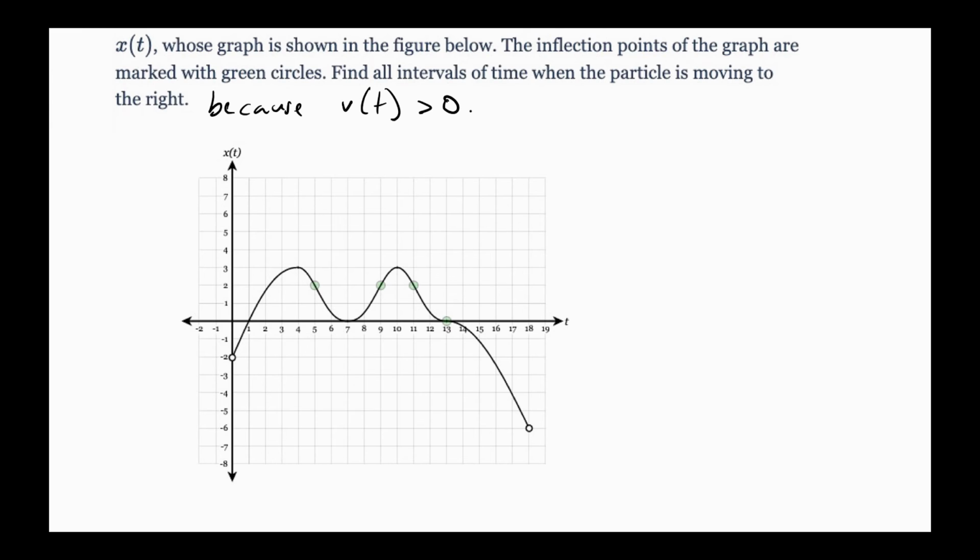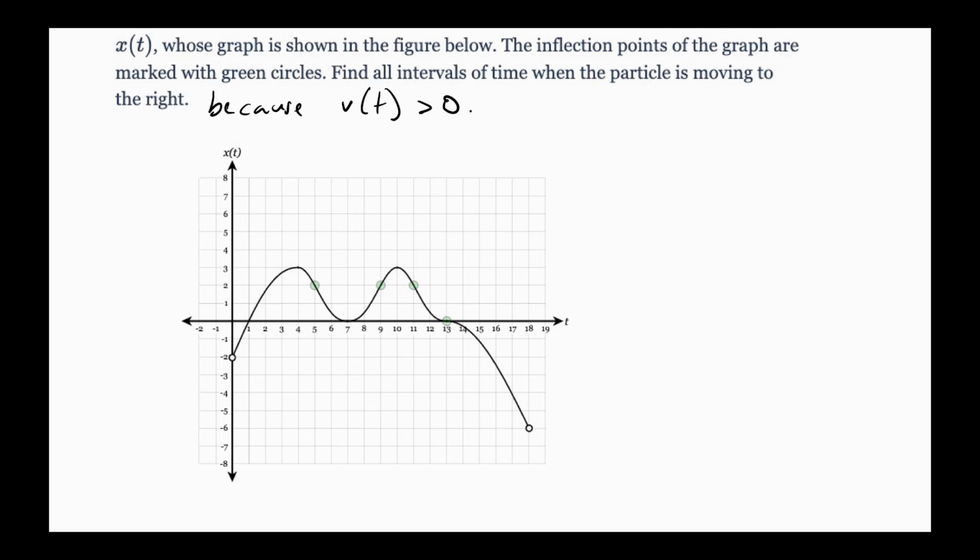So I'm looking at the position graph. Let's highlight where it's going to be. If velocity is positive, what am I looking for? When the graph is going uphill, increasing, where slope is positive.